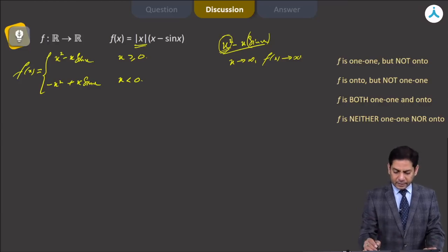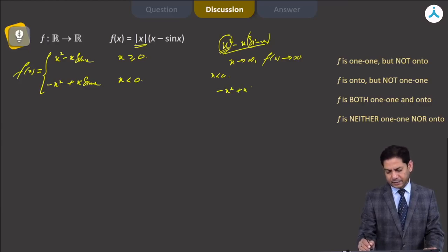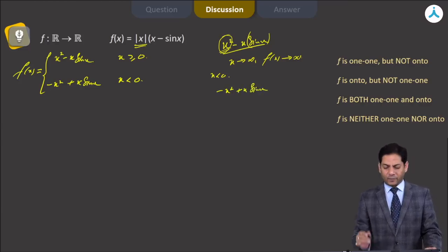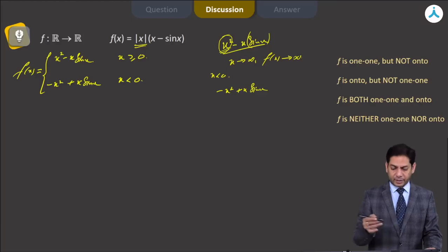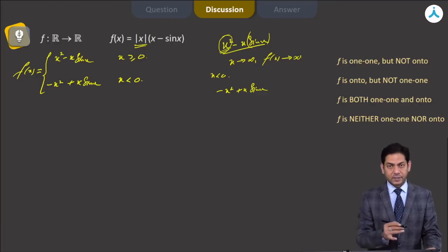For x less than 0, this function is minus x square plus x sin x. When x is approaching minus infinity, because x is less than 0, it can go from minus infinity up to 0.